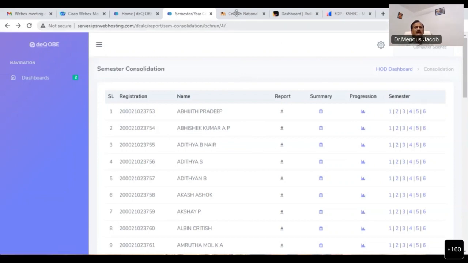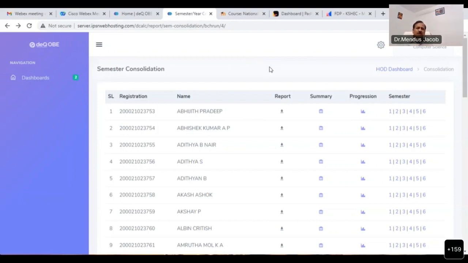It may be difficult to calculate the attainment of OBE manually, but if you are using a tool, it's very easy. You have to plan the CO-linked assessment plan, and you can include some creative assessments in the assessment plan.